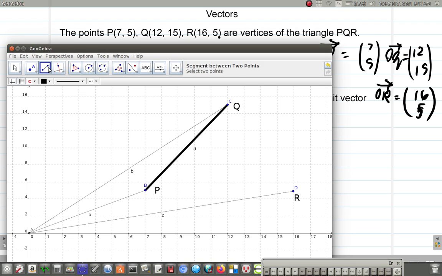So it's like you have arrows going this way and this way.